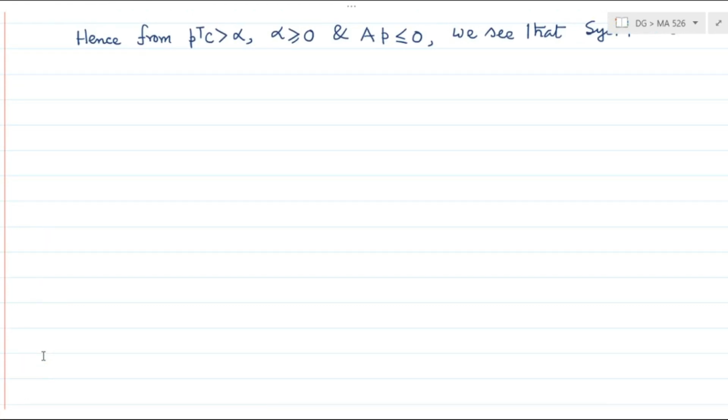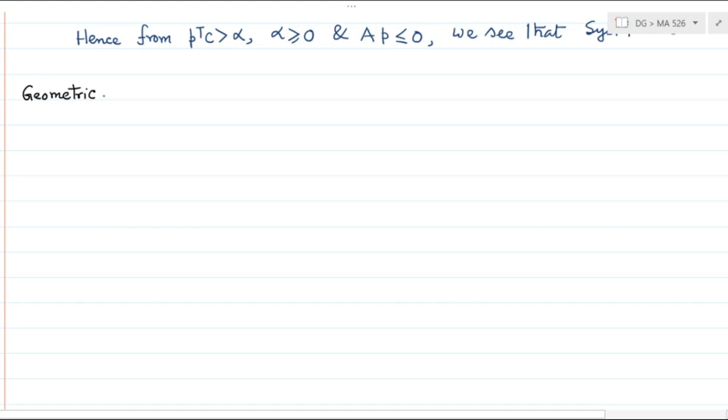Now, as a corollary to this result, we'll prove next Gordon's theorem. But before getting into Gordon's theorem, let me geometrically explain the intuition behind the Farkas lemma. It has a very nice geometrical interpretation.